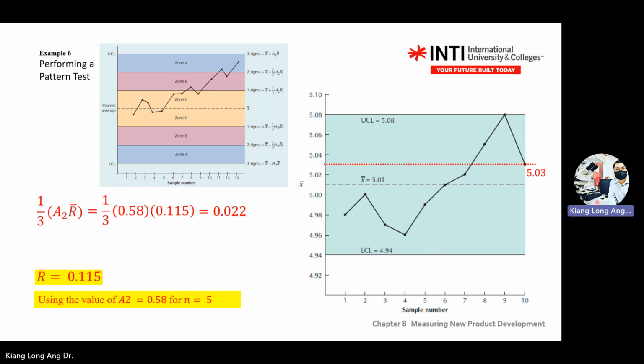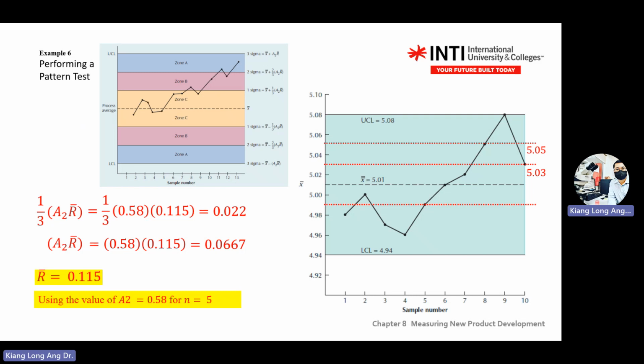This is your first zone, which builds your zone C. You have positive and negative, so you take 5.01 minus 0.02 to get the other side, and so on. You add more and more. For 2, you add another 0.02, so you get about 5.05 and so on.